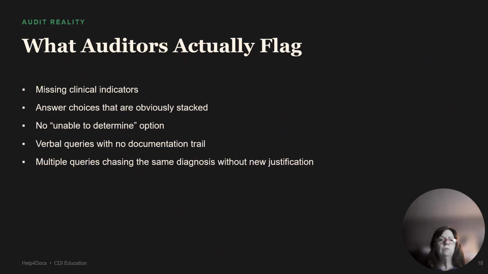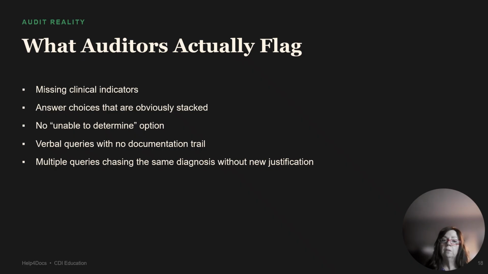Now, if you really want to know what auditors actually flag, I can tell you it's rarely subtle. It's missing clinical indicators, answer choices that are obviously stacked, no unable to determine option, verbal queries that don't have a documentation trail, and then multiple queries that are chasing the same diagnosis without any new clinical justification.